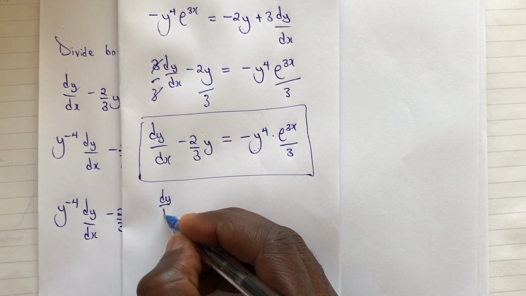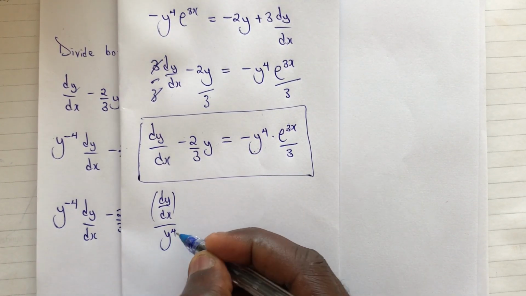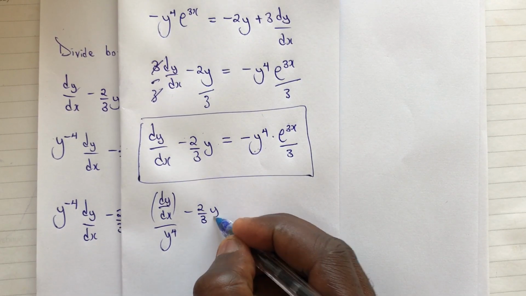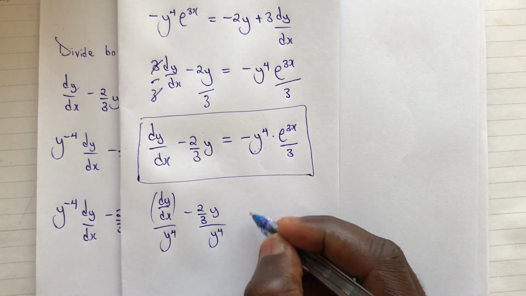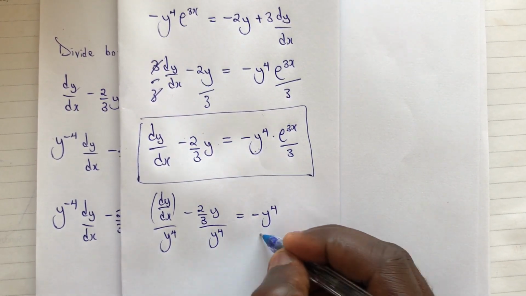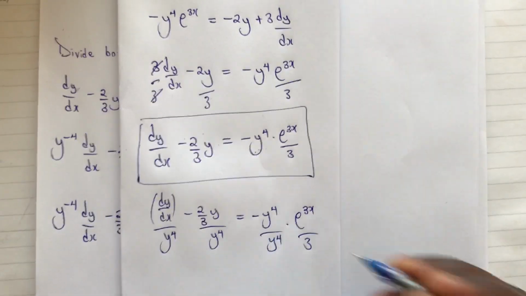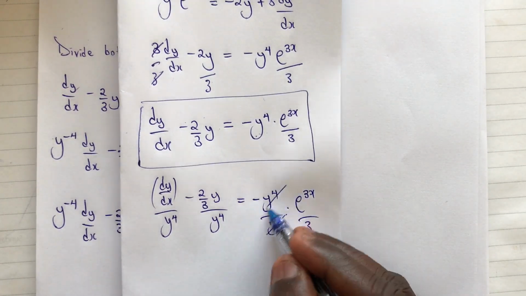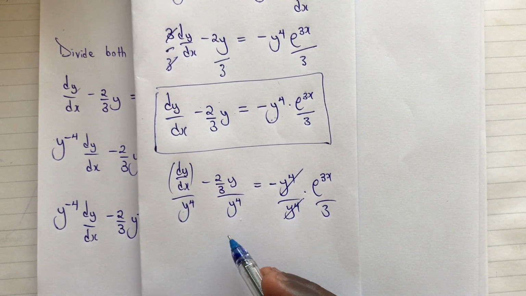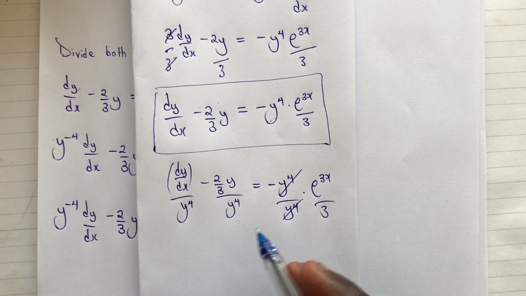So this is the same as dy/dx over y to power 4 minus 2 over 3y over y to power 4 equal to minus y to power 4 divided by y to power 4 times e^(3x) over 3. Now, note that this is division, so I can just reciprocate the function here.